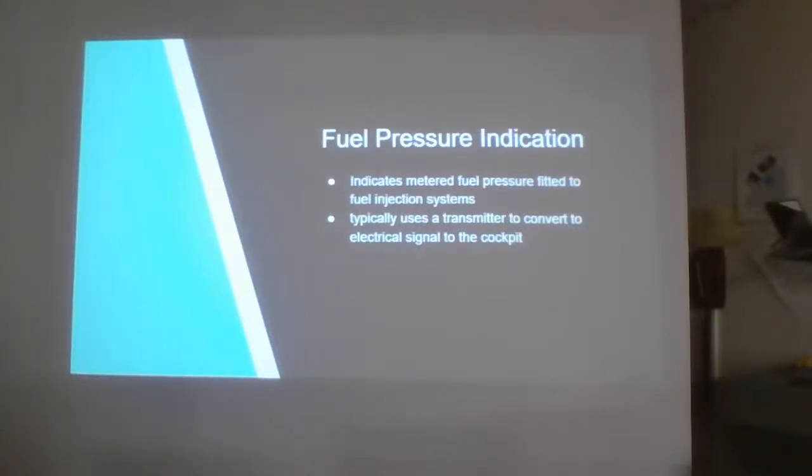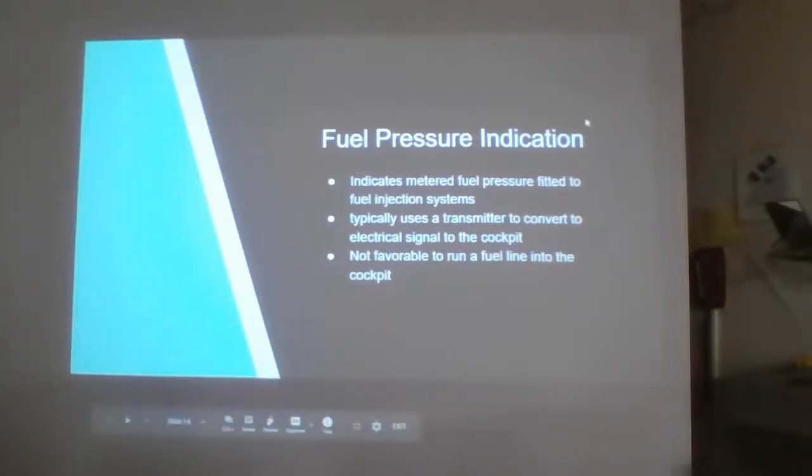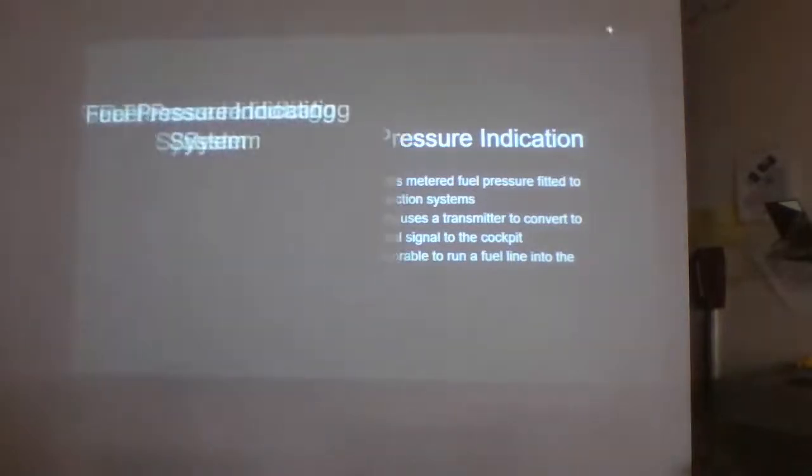So similar to the EPR indicating system, it has that transmitter, because we don't necessarily want to run a fuel line into the cockpit where all the pilots and co-pilots are. That's not exactly people's favorite thing to do nowadays. So they came up with the system of converting that mechanical reading with the fuel pressure into an electrical reading to send to a display in the cockpit.